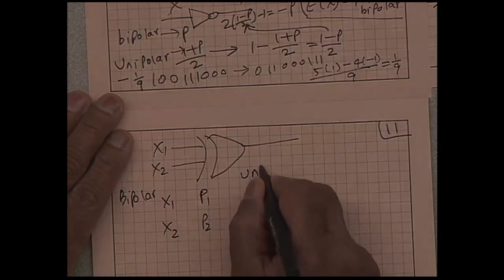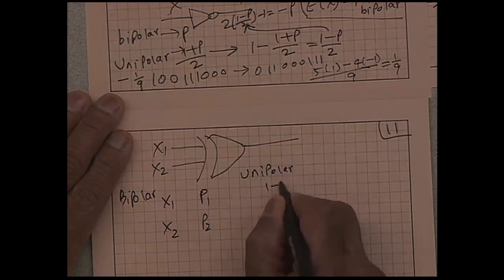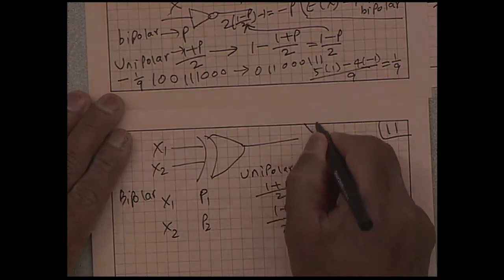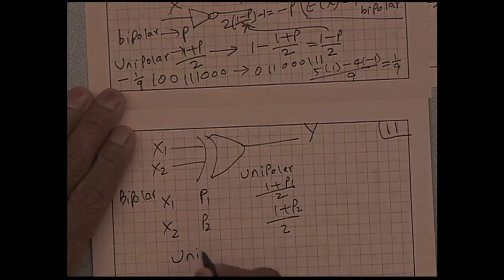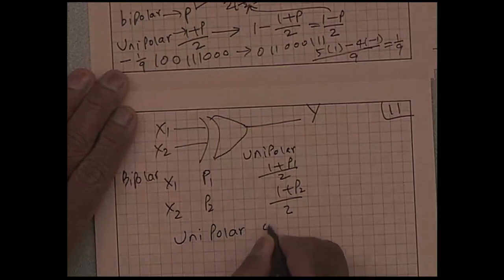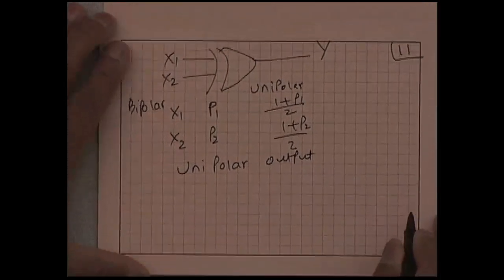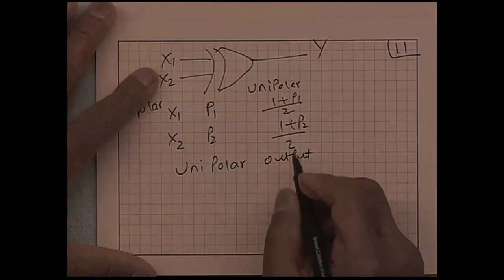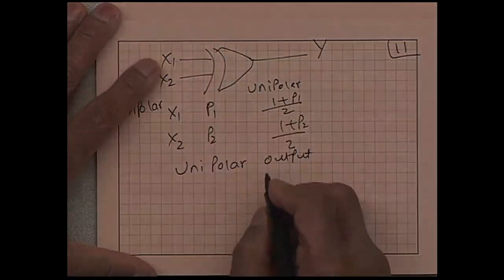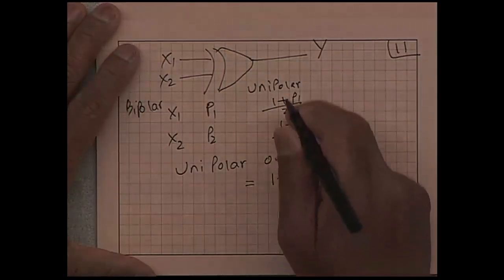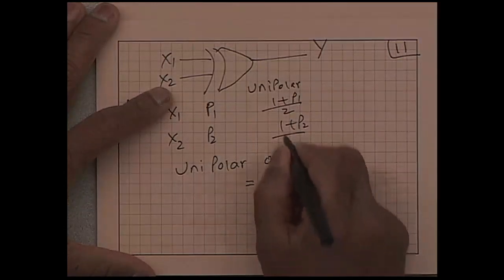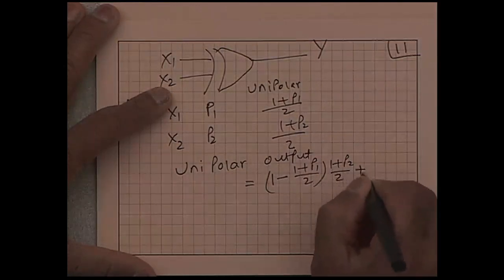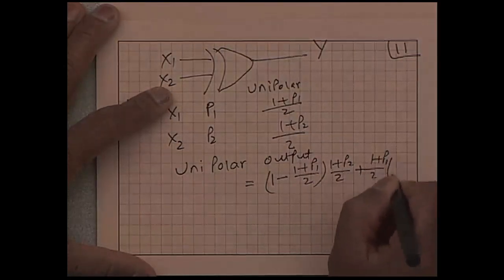These will correspond to the unipolar inputs of 1 plus P1 by 2, 1 plus P2 by 2, which means that the unipolar output, remember we already talked about that, is going to be, we talked about the exclusive OR gate, which is really 0, 1 or 1, 0, which was 1 minus P1, which is now 1 plus P1 by 2, times P2 plus P1 times 1 minus P2.